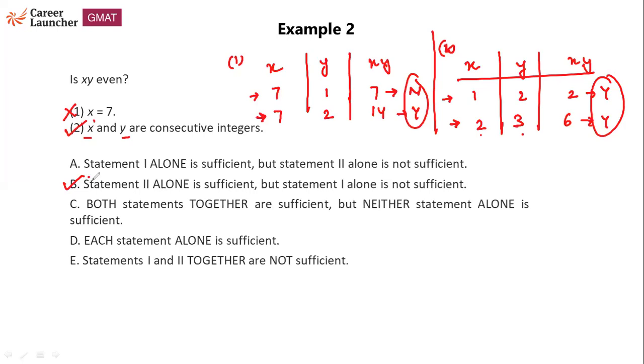Yes, Arvind. But what if we take the integers 0 and 1, then the answer would be 0. And what is 0? 0 is an even number. 0 comes under even. Okay, my bad. Yeah, 0 is even. Do remember that any number which is divisible by 2 is an even number.